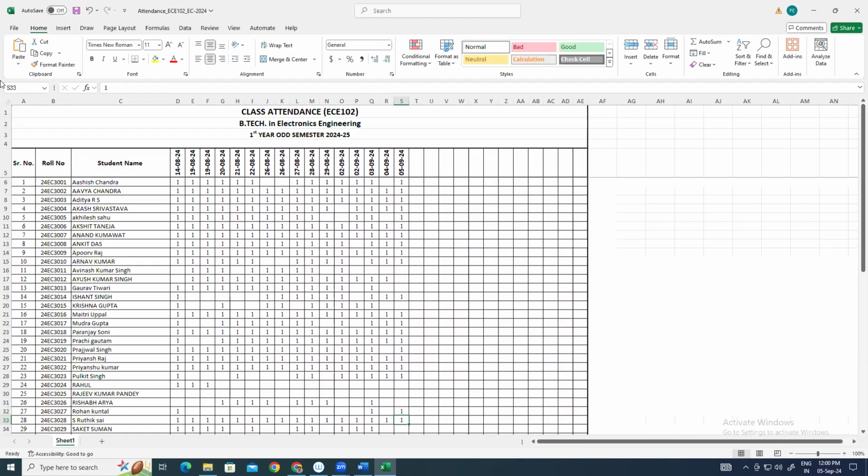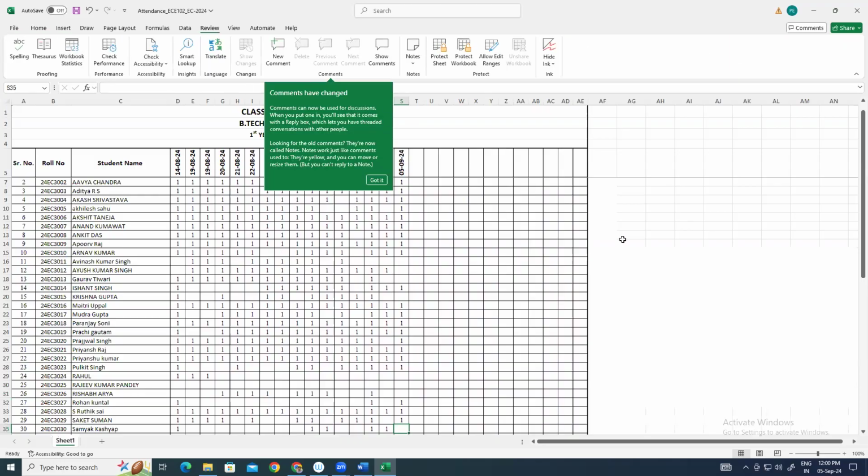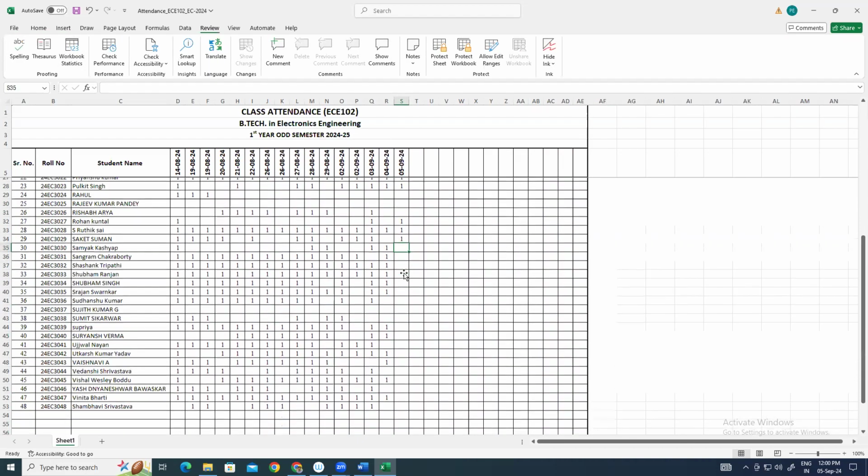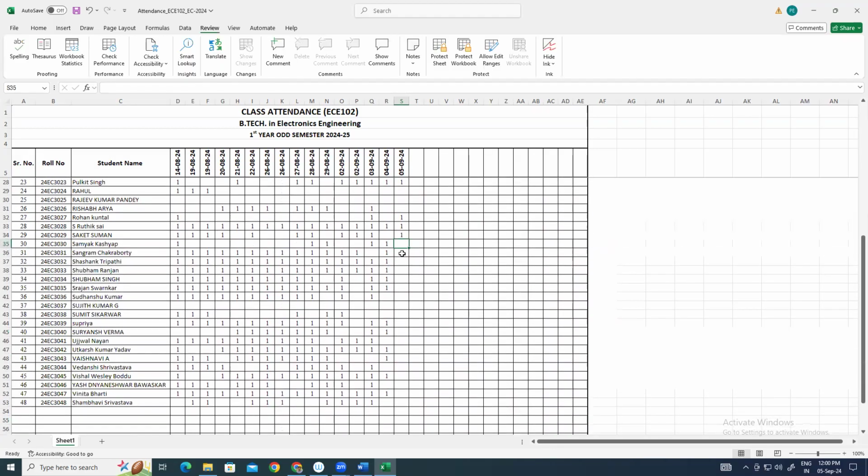Saket. Present, sir. Samyak. Sangram. Present, sir. Sasank. Present, sir. Shubham. Present, sir. Shubham Singh. Srajan. Present, sir. Sudhanshu. Sujit. Sumit. Supriya. Present, sir. Suryans.